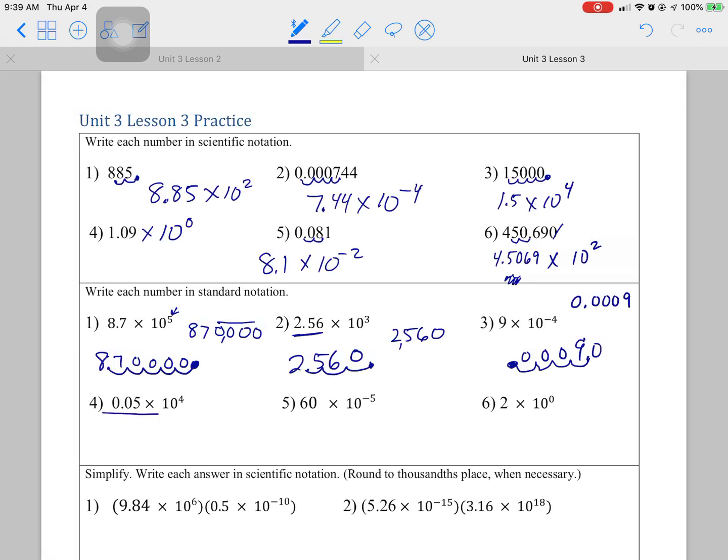All right, this really isn't scientific notation, but it doesn't say it was scientific to start with. It just says change it to standard, okay? So if it's here and this is positive, which way are we going? We're making it a bigger number, right? So 1, 2, 3, 4.